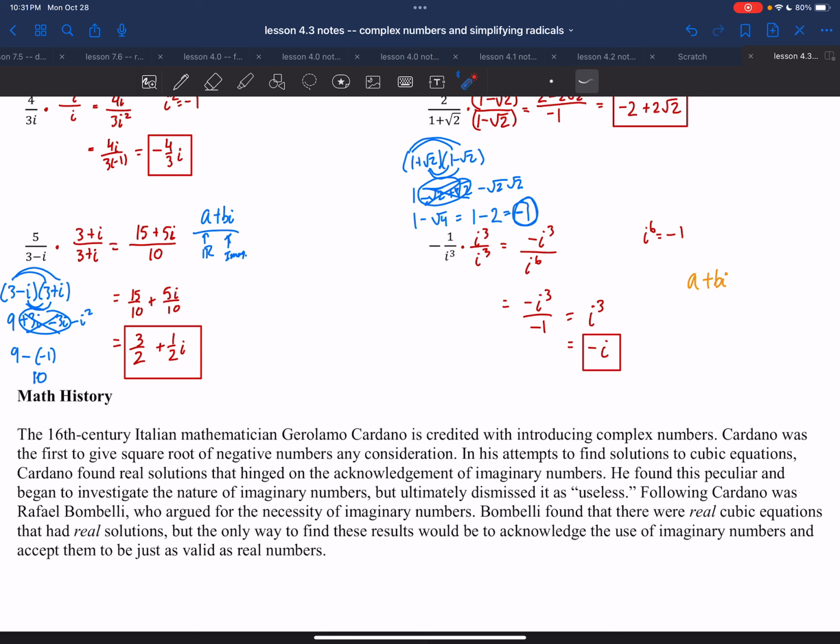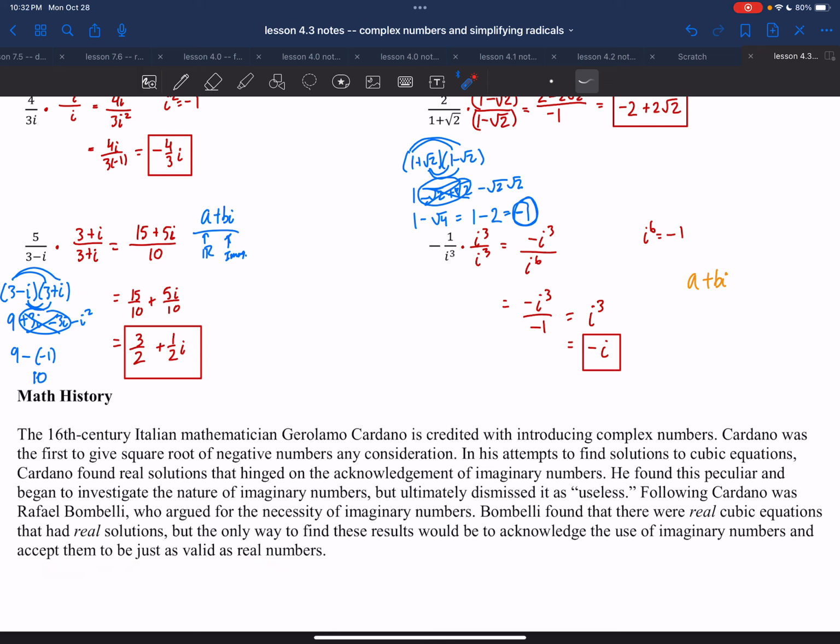Eventually follows, I think it's his protege or someone who's a friend of his protege, a guy named Bombelli, who continues the work of Cardano. Bombelli finds that there are real cubic equations that had real solutions, but the only way to find these results would be to acknowledge the use of imaginary numbers and accept them to be just as real and valid as real numbers, right?